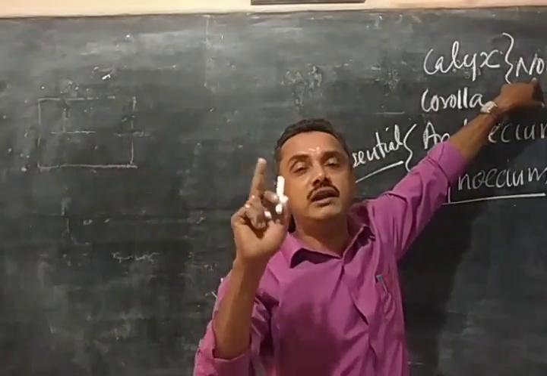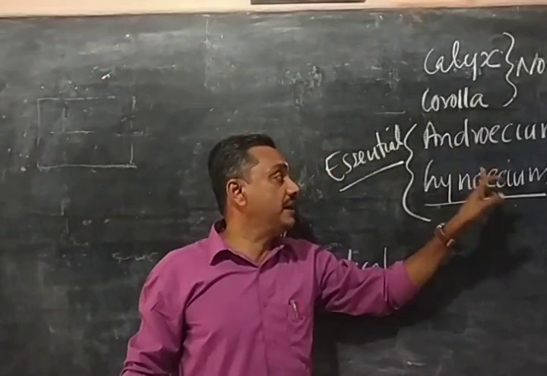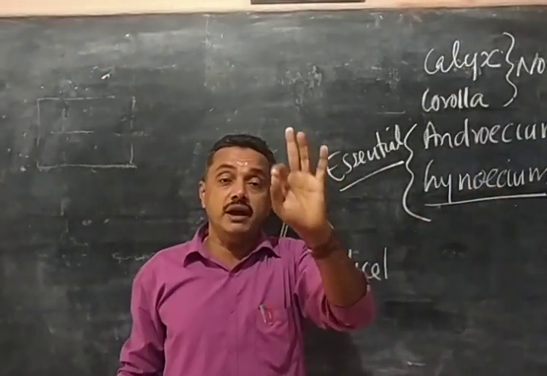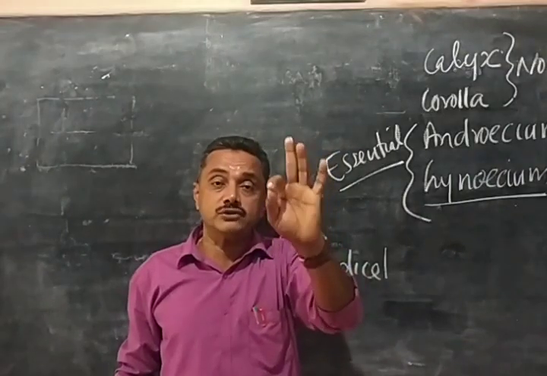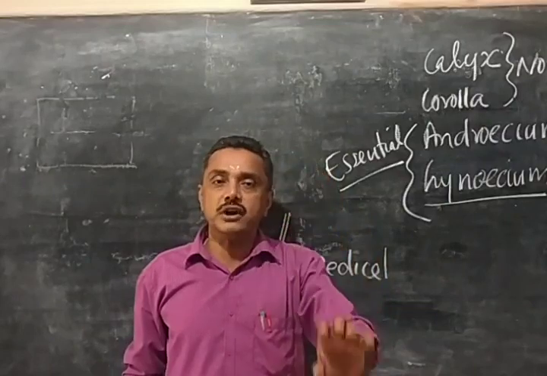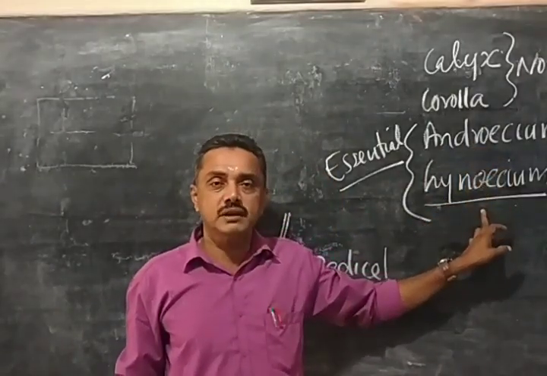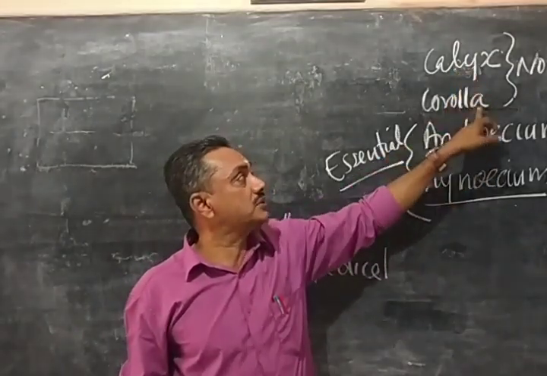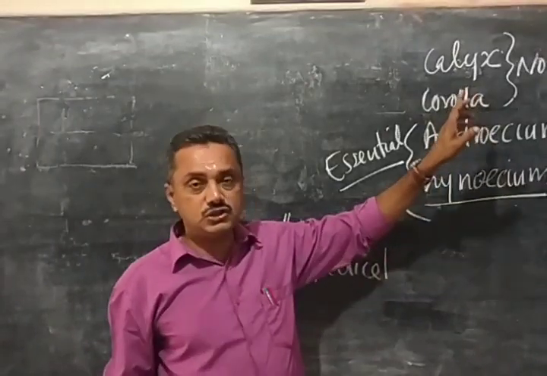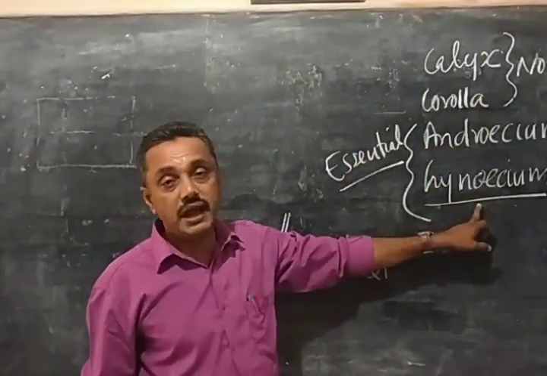They are not related directly to reproduction. And the other 2 parts, androecium and gynoecium, are called essential parts of the flower. They are very important because they are related to reproduction. The parts not directly related to reproduction are called non-essential parts of the flower. So the typical flower consists of 4 parts: calyx, corolla, androecium and gynoecium.